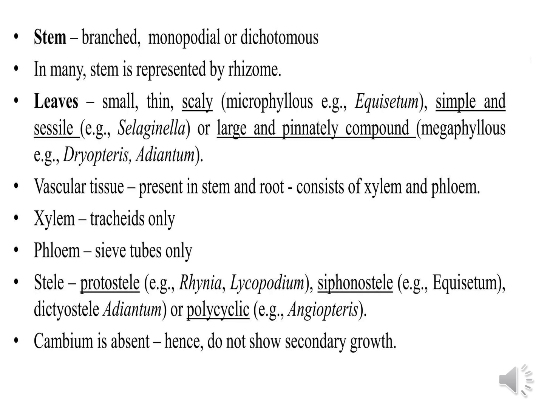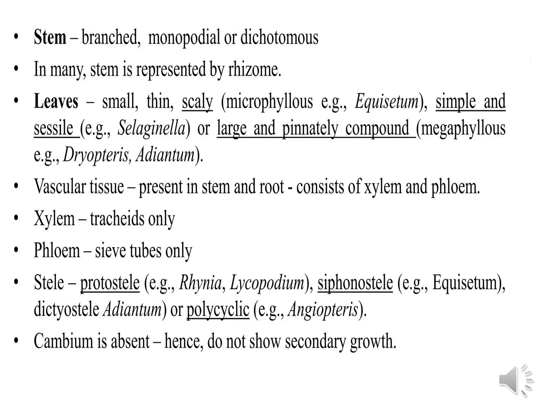The vascular tissues in stem and root consist of xylem and phloem, where in the xylem only tracheids are present, and in the phloem, sieve tubes are present. The stele varies, from protostele in the case of Rhynia and Lycopodium, where protostele means the vascular cylinder, with the xylem surrounded by the phloem, or the phloem surrounded by the xylem.